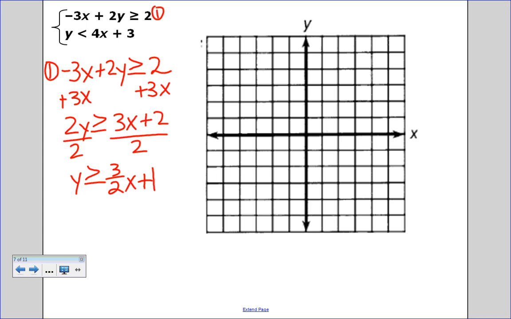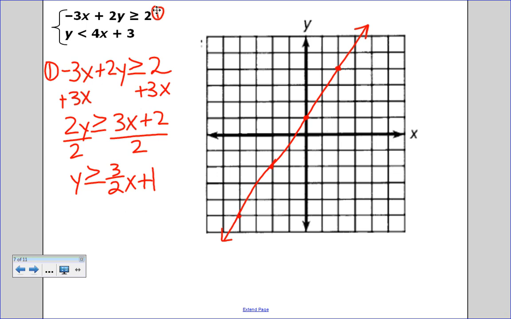So I'm going to graph this first line in red over here. I'm going to go up to +1. This is a positive slope of 3/2, so I'm going to rise up 3, run 2. I'm going to rise -3, run -2. And then I'm going to make a solid line because I know that a solid line means or equal to.